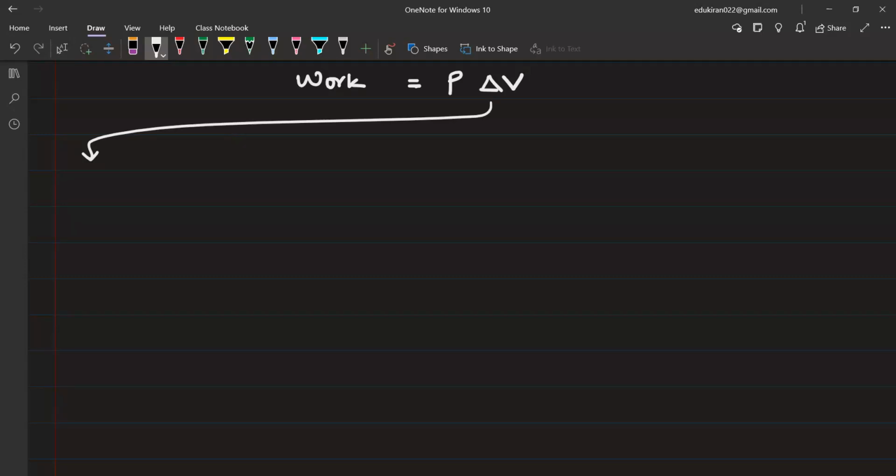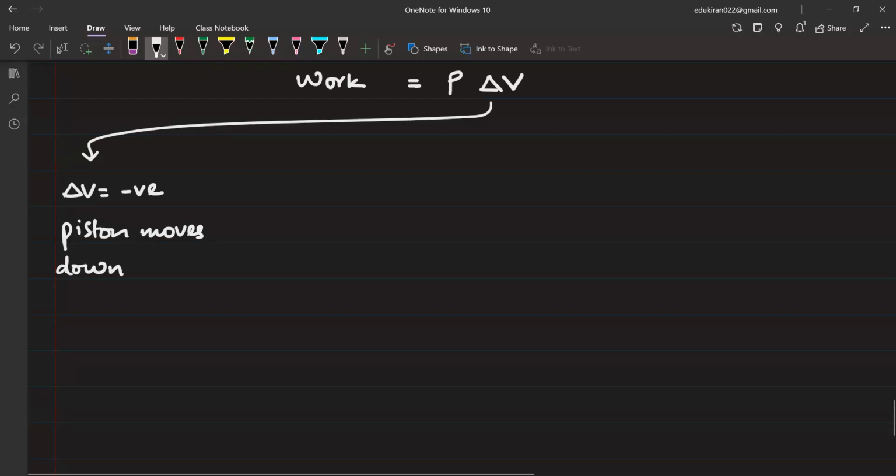What I can say in this case is delta V is equal to negative, negative meaning the piston moves down. Is that right? Yes or no? So delta V can be negative. If the piston is going down, then delta V becomes negative. That means the volume is decreasing.